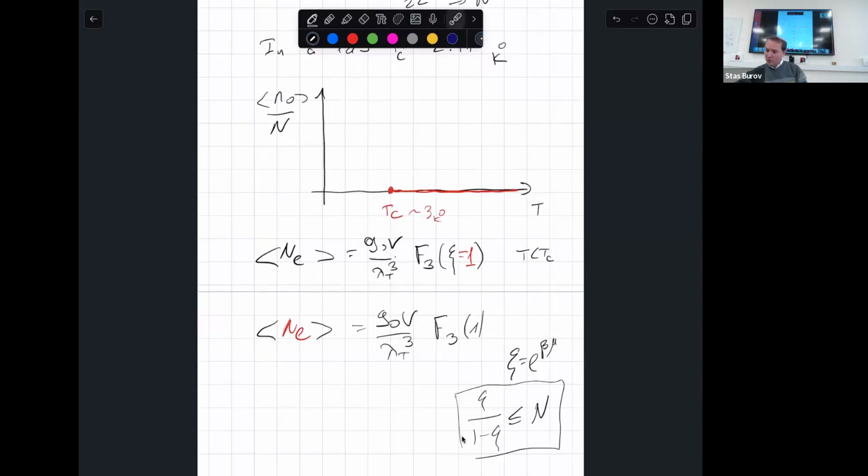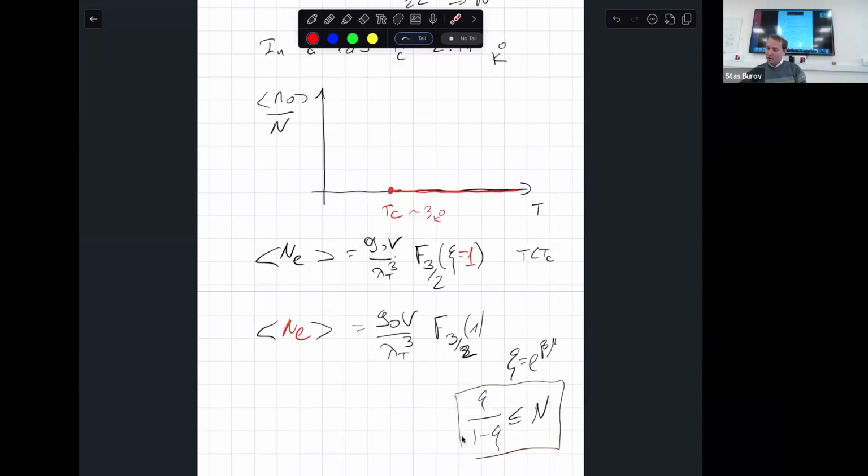Now, for this guy, it's limited. You're right. But this function approaches this number. It's not F of 3, it's F of 3 halves. F of 3 halves, F of 3 halves. Okay, so I know when fugacity approaches 1, this guy approaches the total number of particles.